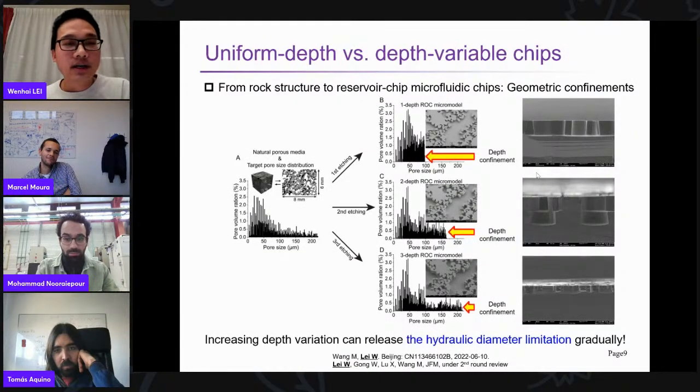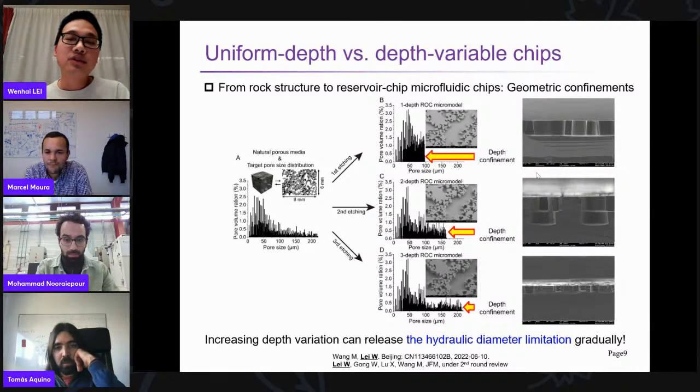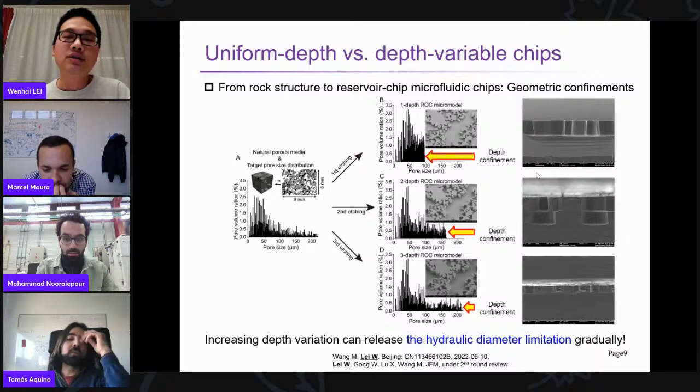When we get a similar 2D pore size distribution, which presents a similar pore size distribution as a real rock, as shown in this figure, it's a heterogeneous porous media. But when we want to fabricate a uniform depth microfluidic chip, the uniform depth confinement will compress such pore size distribution to a narrow area, which presents a homogeneous 3D pore size distribution.